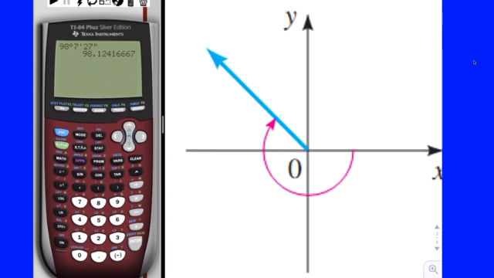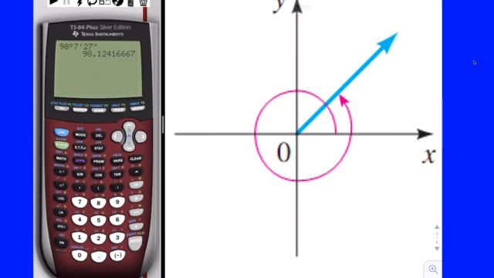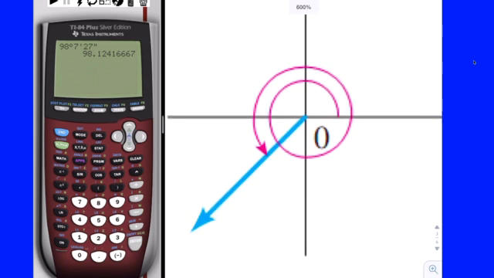Here's one kind of like what we did, right? Negative 225. It's clockwise, so it's negative. It terminates in quadrant 2. Here is one kind of like exactly what we did. We went all the way around to 360 plus another 45. And then here's one that makes me dizzy, right? Is this one going to be positive or negative? It's going to be positive, and let's see about how big it is.